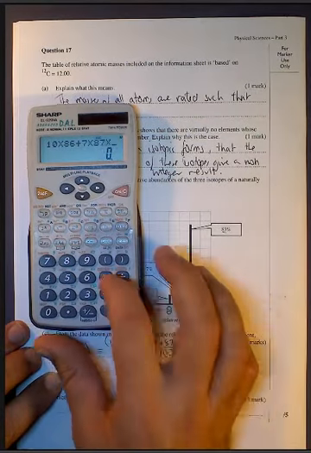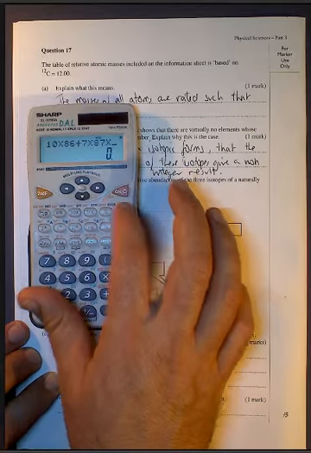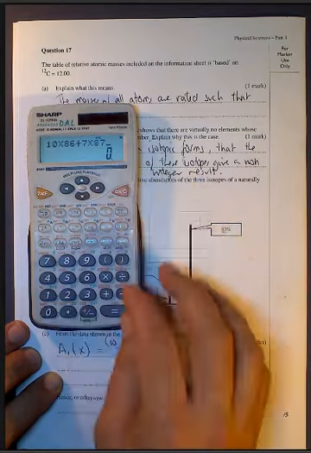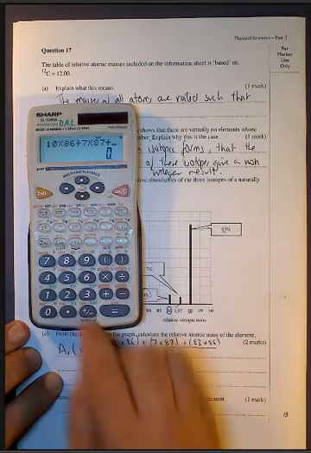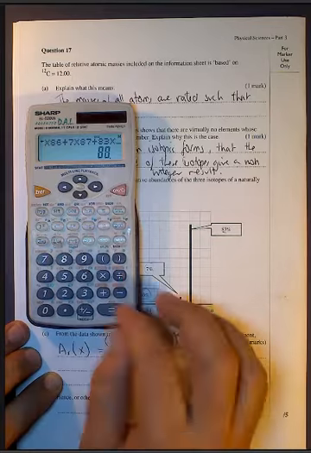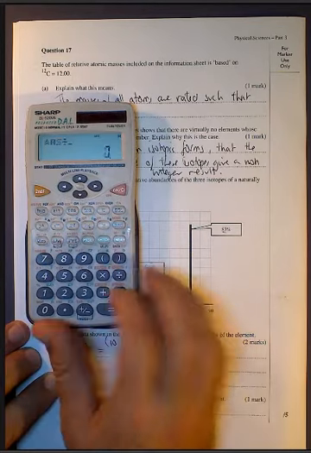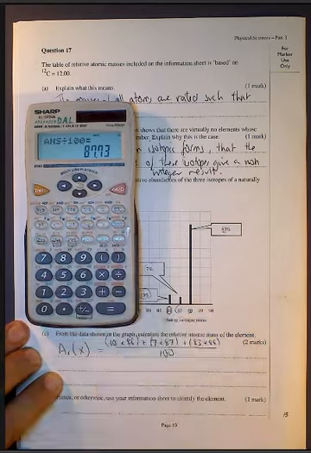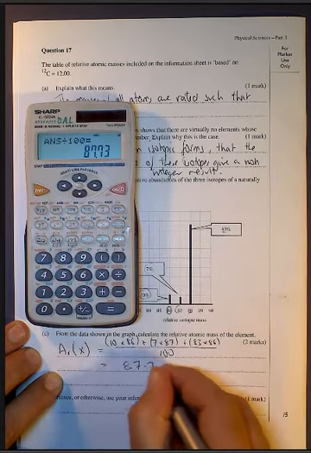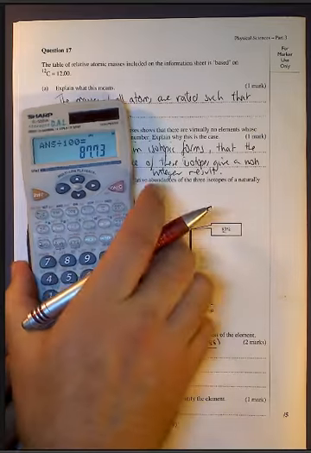Oh, delete that one. Don't need that there. Plus 83 times 88 equals that. Divide that by 100. And we get the total is going to be equal to 87.73. And put that down.